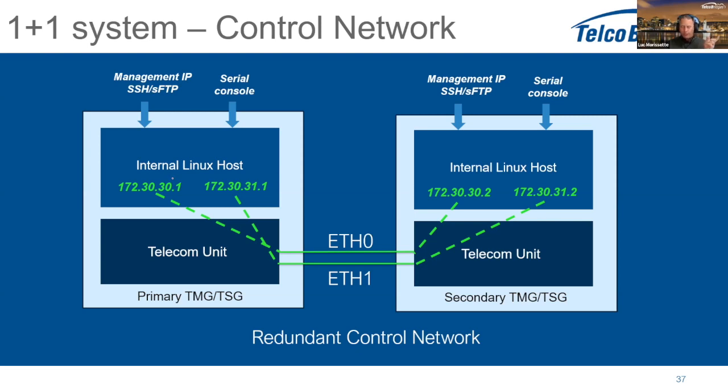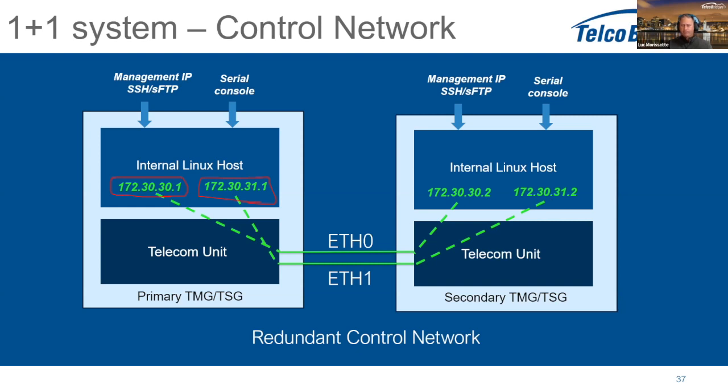When we were looking last week at the web portal and the IP interfaces configured on the system, you could see those IPs that were there. These are the default IPs for the primary ETH0 network and the secondary ETH1 network here, and these could be changed.